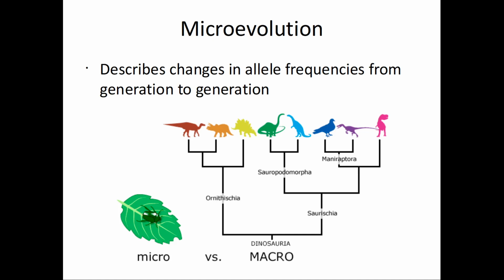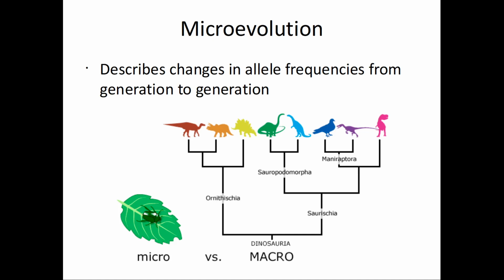All right, so just a little cartoon showing the difference between micro and macro evolution. When we talk about micro, like we said earlier, we're looking at changes to allele frequencies, not the size of the organisms. I've got a picture of a bug and a bunch of dinosaurs. In microevolution, we're looking at allele changes.